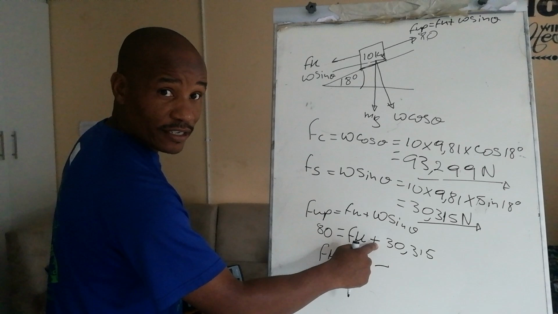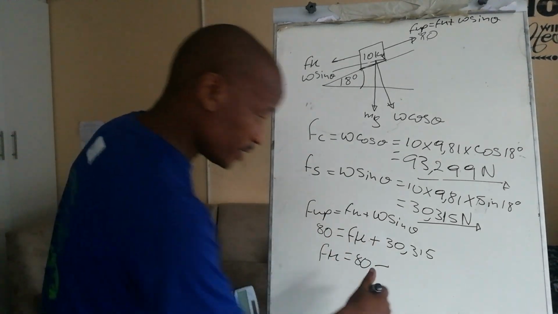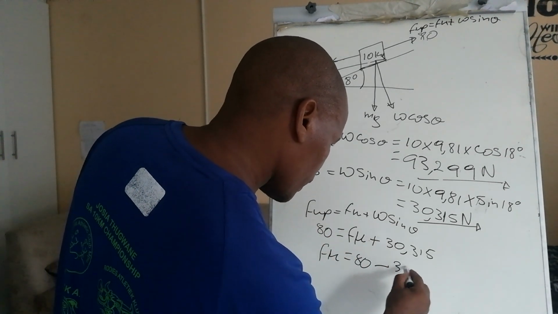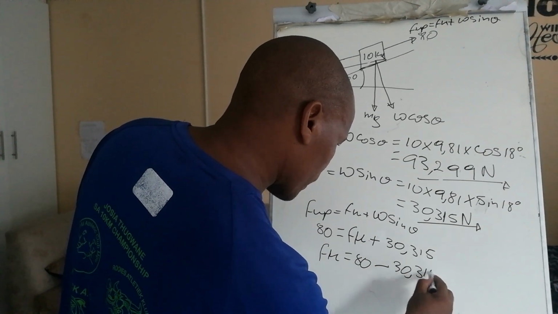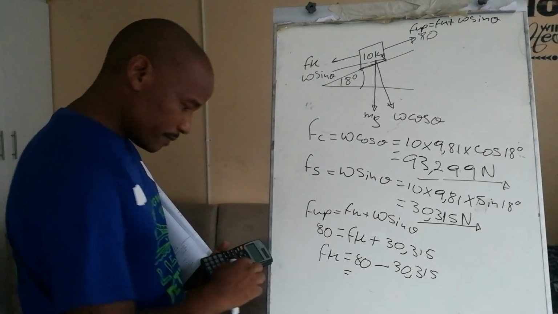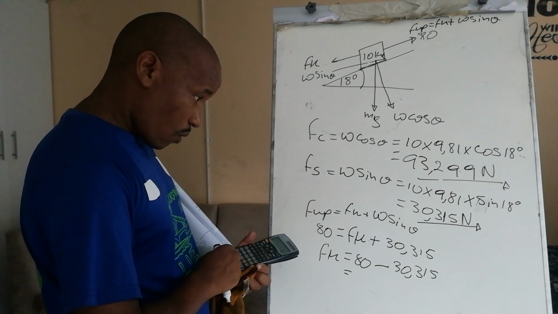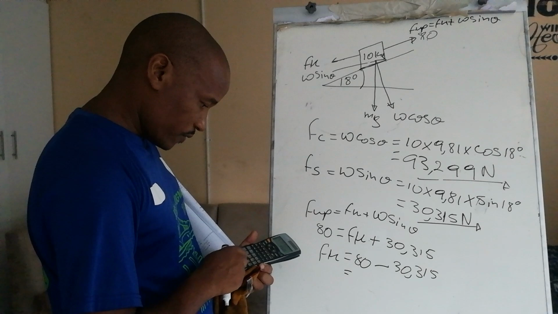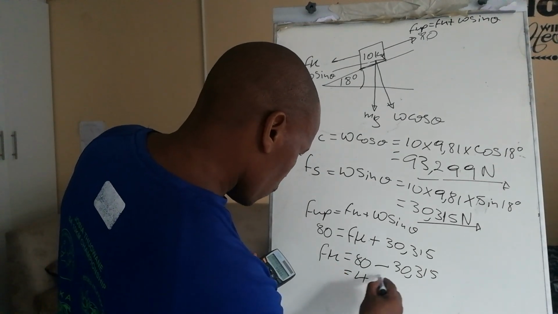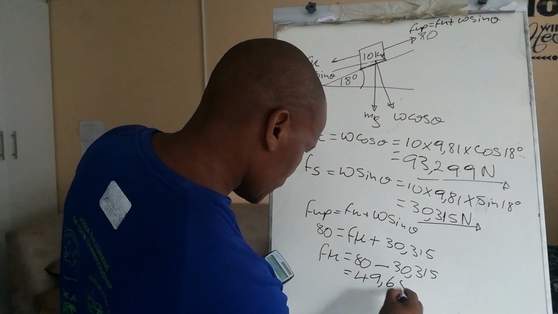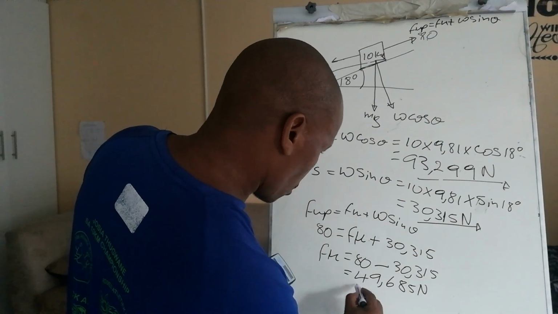It changes sign because it crosses the equal sign. It is equal to 80 minus 30.315, which is equal to 49.685 Newton.